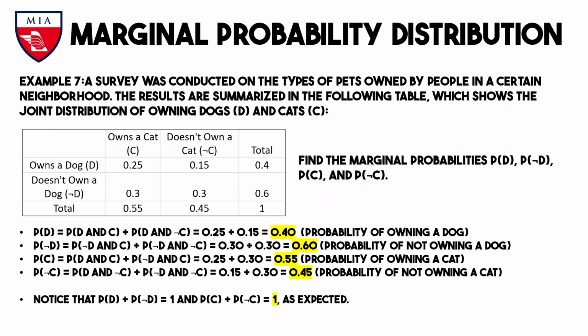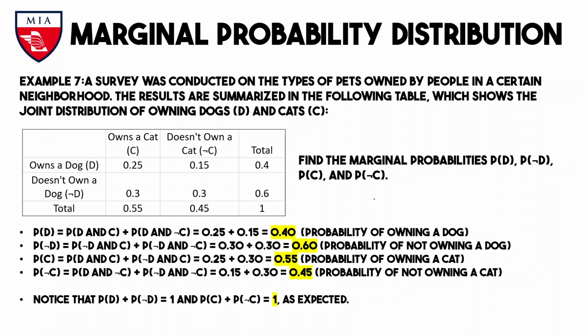So, our D is owns a dog, and doesn't own a dog is D-bar, the symbol here. Okay. So, our C is owns a cat and doesn't own a cat is C-bar. Okay. So, find the marginal probabilities of the following: P of D, P of D-bar, P of C, and P of C-bar.